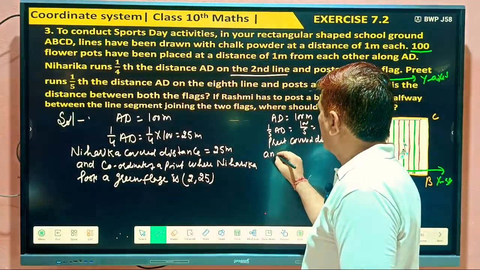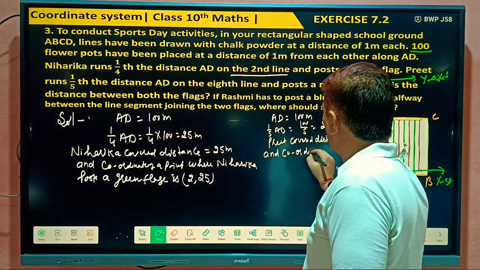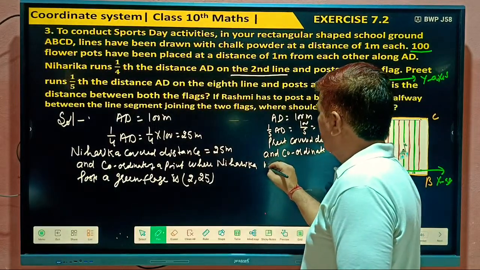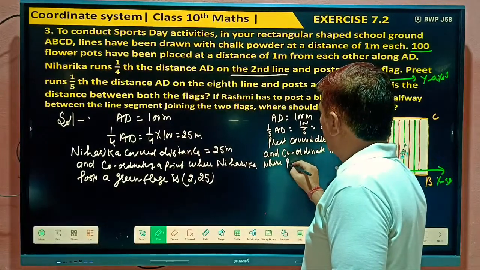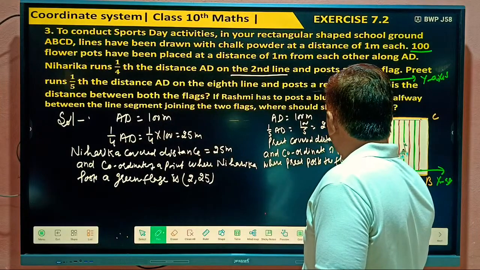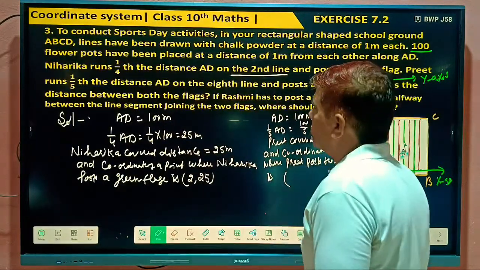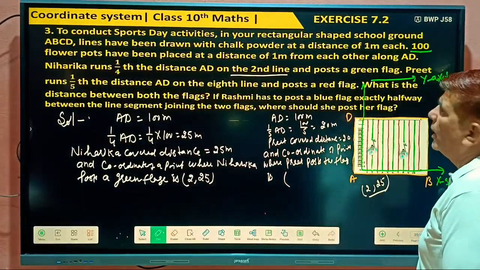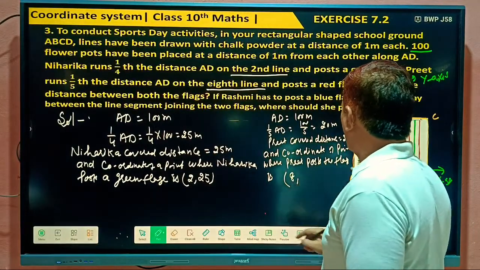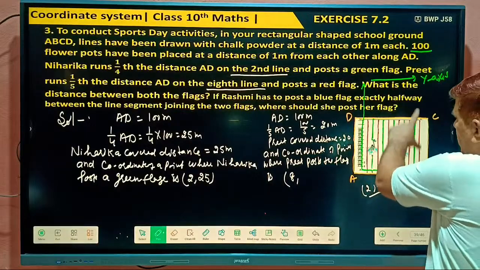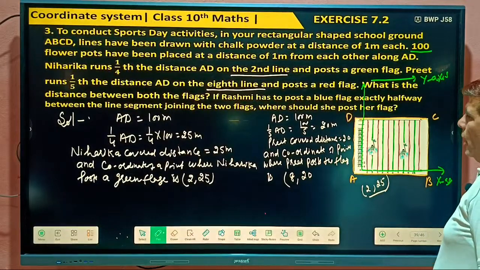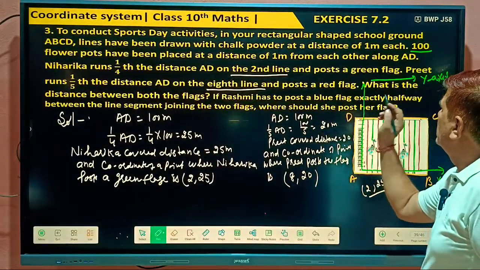And coordinate of point where Preet posts the flag is, she is moving in which line? Eighth line. So x is 8, and how much distance covered? 1/5 of AD, so 20. This. And post what type of flag? Blue flags, exactly halfway.